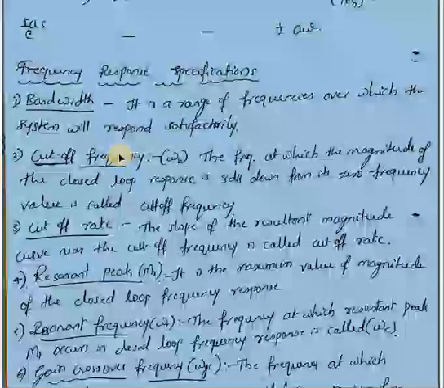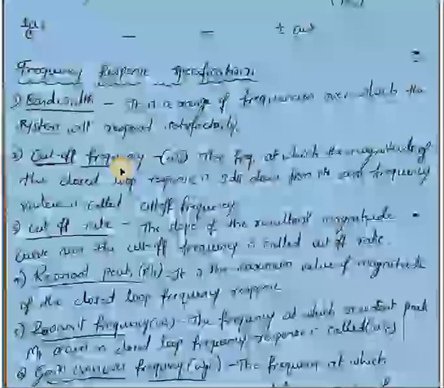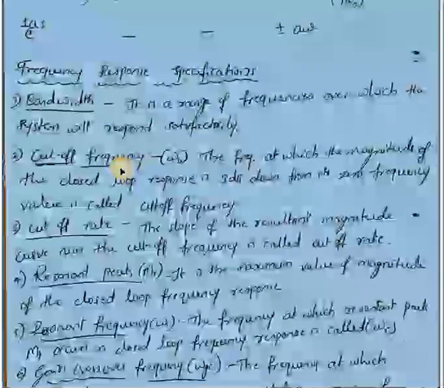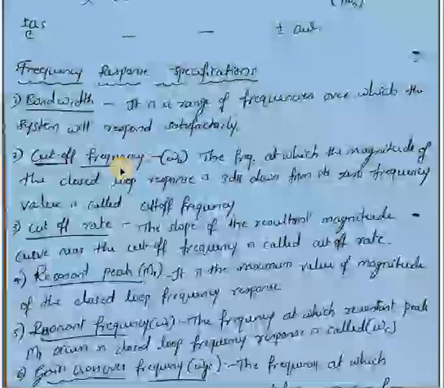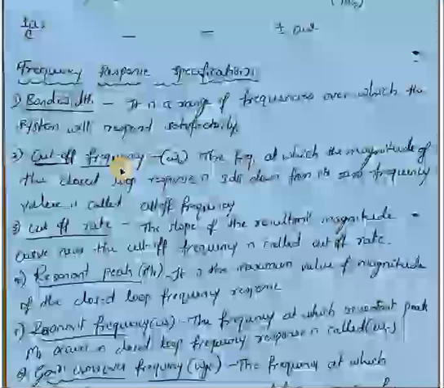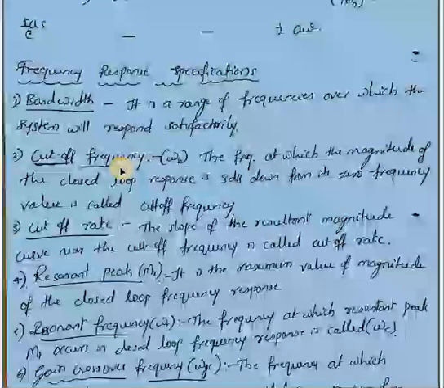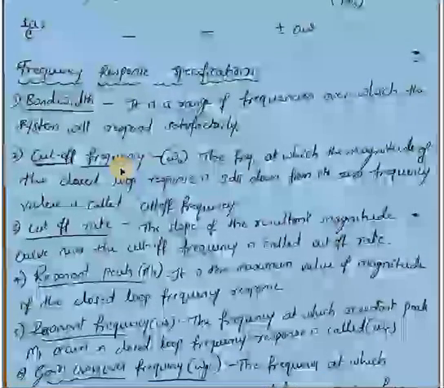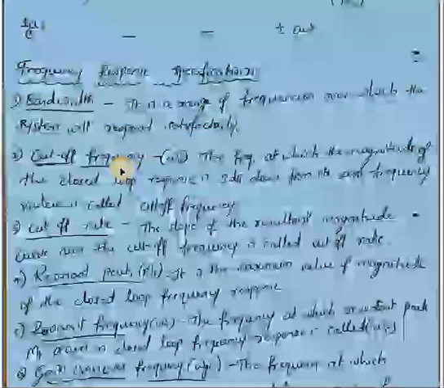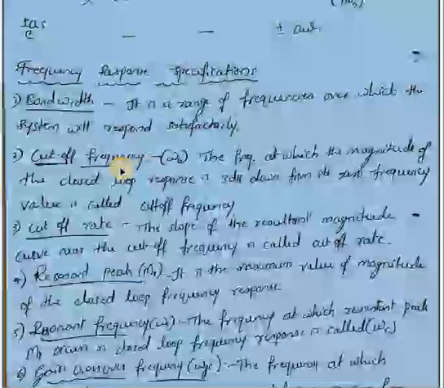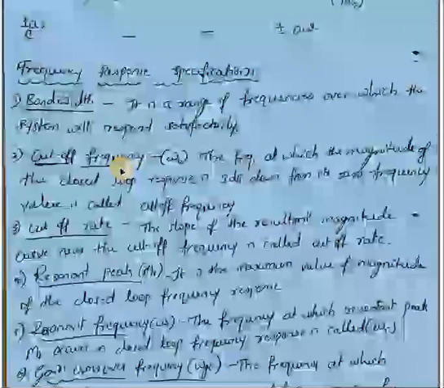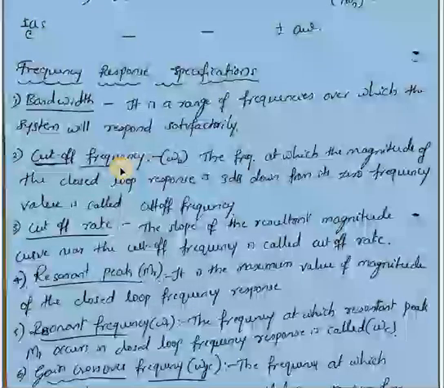Then the second one is cutoff frequency, and it is denoted omega b. So the frequency at which the magnitude of the closed loop response is 3 dB down from its zero frequency value can be called the cutoff frequency. That is, the range 0 to omega b is nothing but the bandwidth of the system whose frequency response is known.